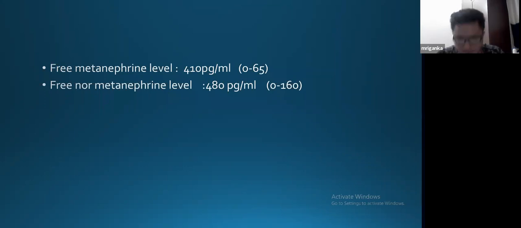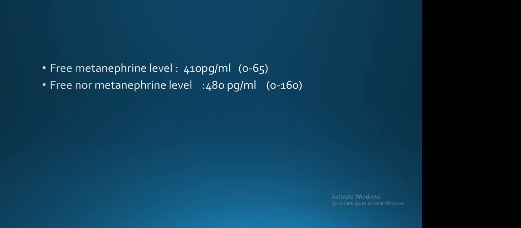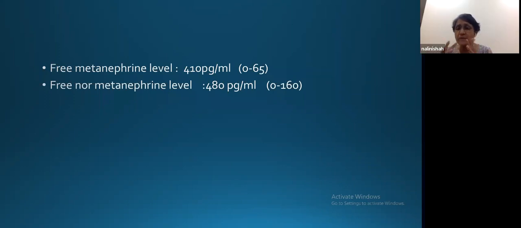This is the way I would structure my thinking around functional imaging in a patient with suspected pheochromocytoma. What is your actual question here? Are you trying to reaffirm and reconfirm the diagnosis of pheo with functional imaging? Or are you trying to look at the possibility of it being multiple in origin? Or are you trying to ask yourself whether it could be metastatic, and that's why there could be more than one lesion that you surgically have to deal with?